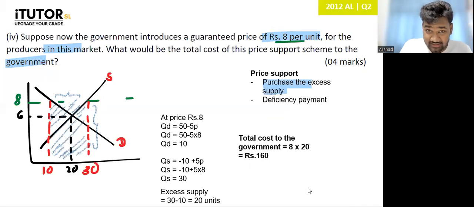Same question. If I tell you the government provided a deficiency payment, how much is the cost to the government?